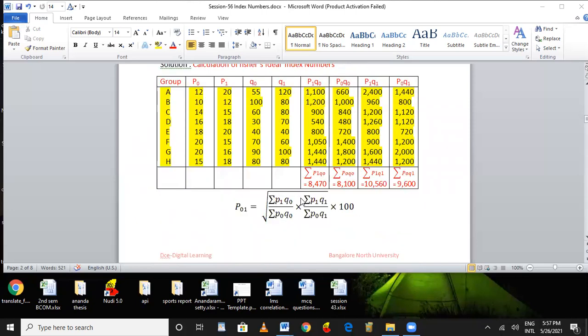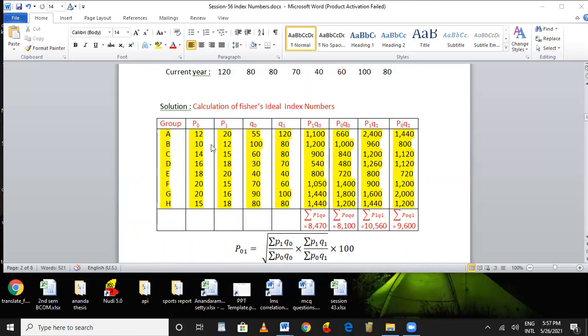Then you have to get P1 Q0, P0 Q0, then P1 Q1, P0 Q1. You have to multiply so that we'll get the totals: P1 Q0 is 8470, P0 Q0 is 8100, P1 Q1 is 10560, P0 Q1 is 9600.